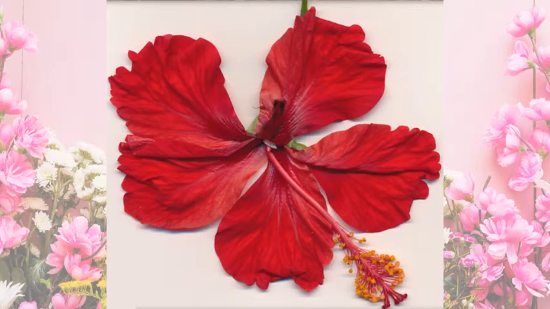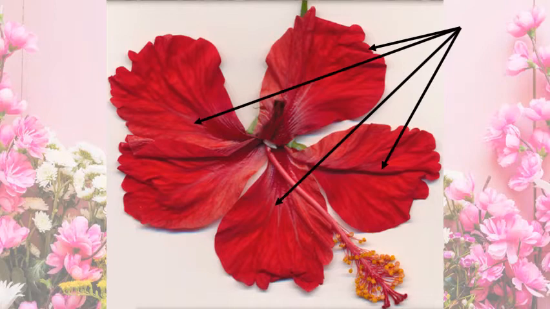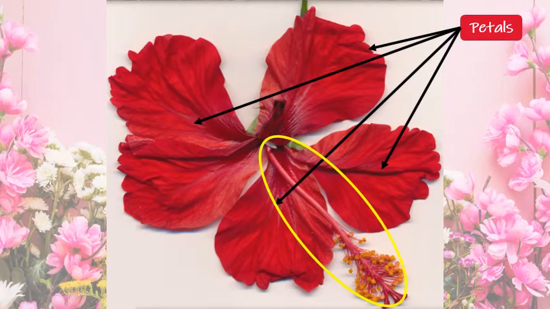Let's move now inside the flower. As I said, the colorful parts of the flower are the petals. Great. So these are the petals. Right. What about this part? What is it?